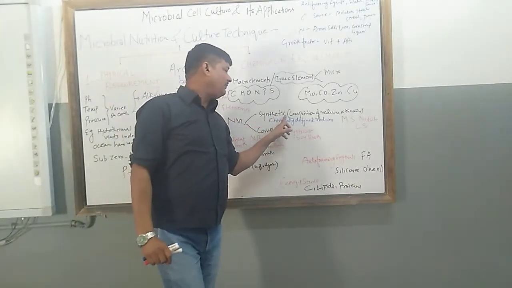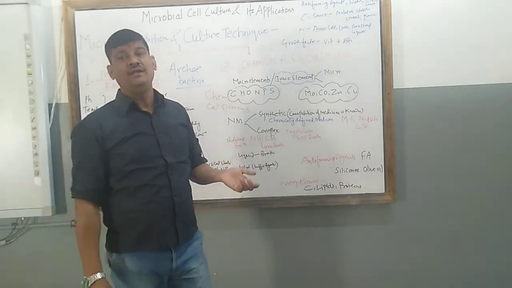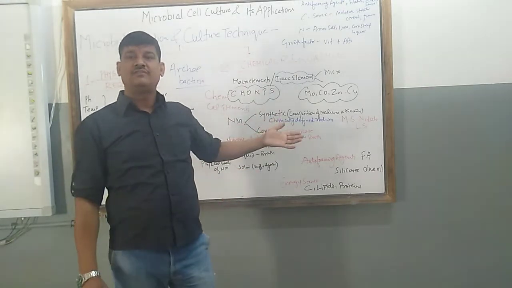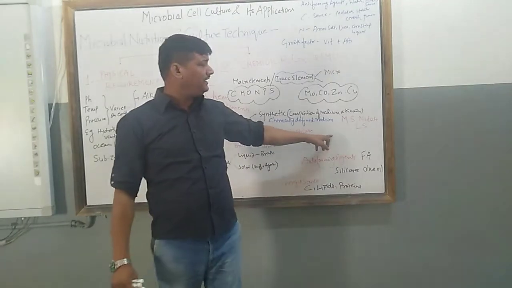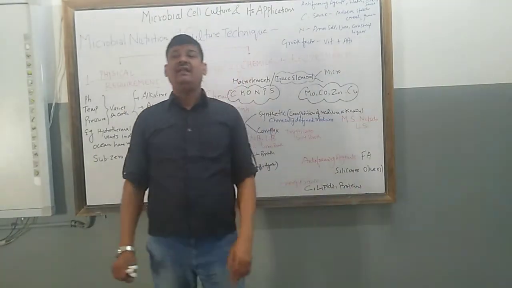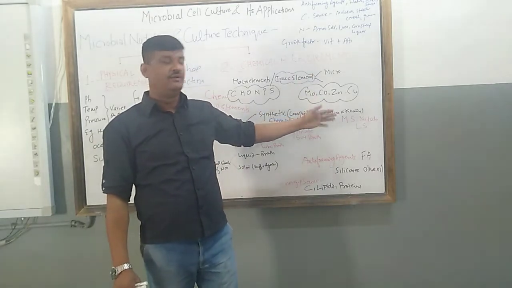So synthetic medium is also known as chemically defined medium because the chemical proportions are known. For example, MS medium, Nitsch medium and LS medium, which we have already studied.